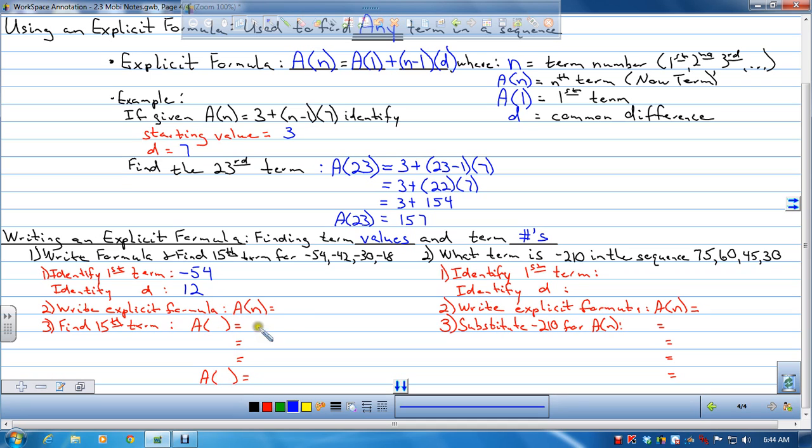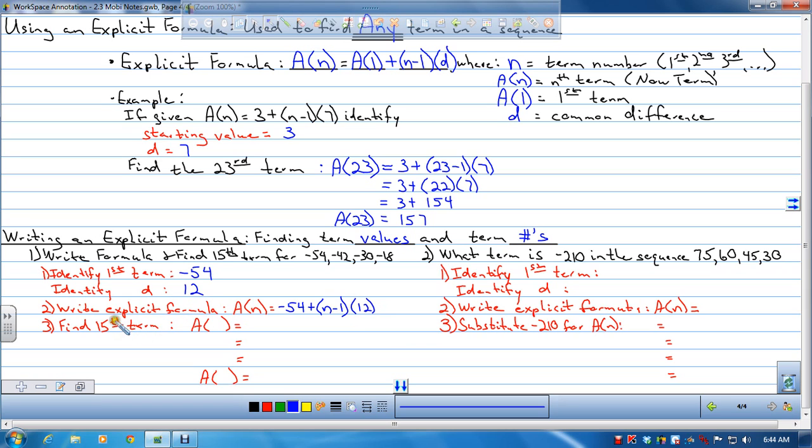So when I write this explicit formula, I start with the first term. So I will start with negative 54. And remember, I add n minus 1. I have to have that n in there because I have to be able to plug something in to find these values. And my common difference is 12.